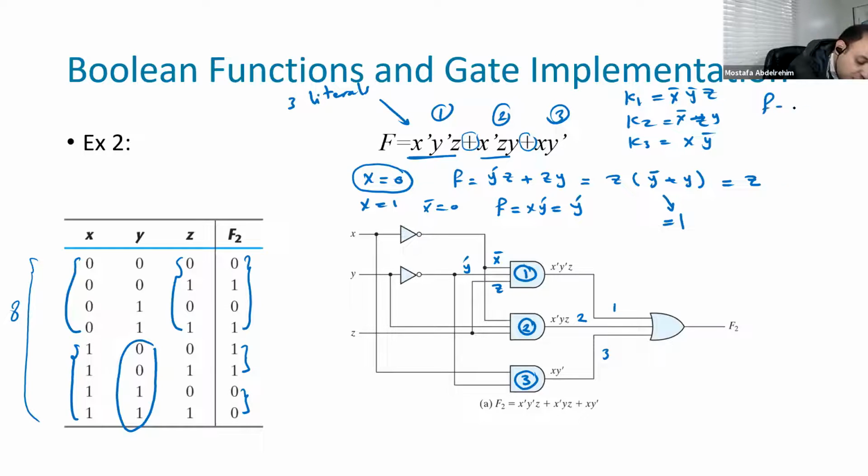So f is equal to K1 or K2 or K3. So you have just one OR gate, which has 3 inputs, K1, K2, K3. That's why you need just one OR. Don't look at this and say, oh, we have 2 ORs. No, it's one OR, and each term is considered as input to that OR.